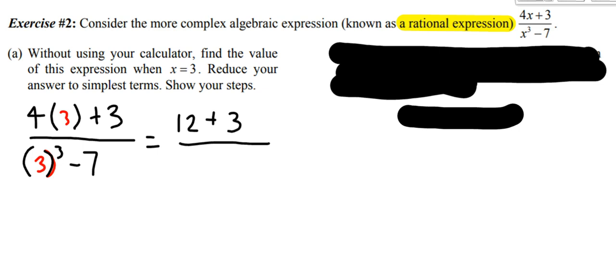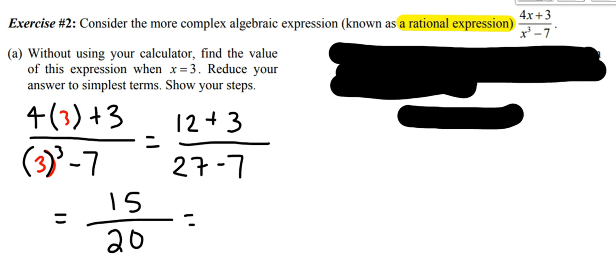And my denominator, 3 cubed is 3 times 3, which is 9, times 3, which is 27, minus 7. Then I'll add the numerator, 12 plus 3 gives me 15, and 27 minus 7 gives me 20.